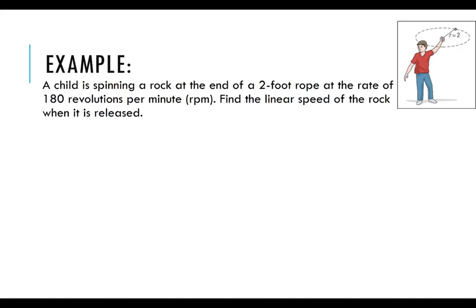So let's try a problem. Let's go ahead and write that formula down. V is equal to r omega. A child is spinning a rock at the end of a 2-foot rope at the rate of 180 revolutions per minute. Find the linear speed of the rock when it is released. First off, we have a 2-foot rope.